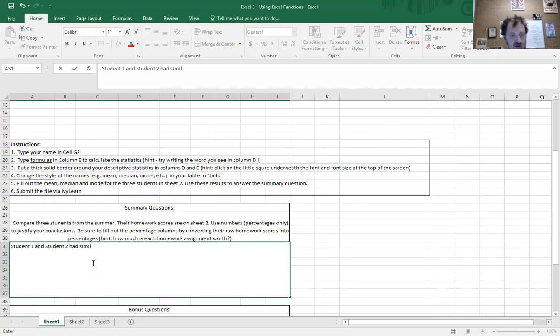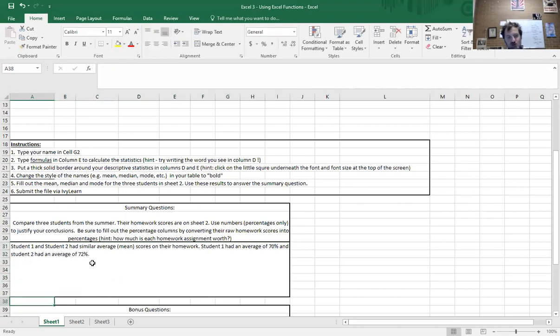Had similar average or mean scores on their homework, right? Now, use numbers to justify your conclusions. Student 1 had an average of 70%, and student 2 had an average of 72%.